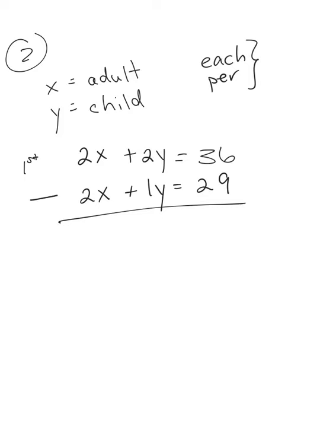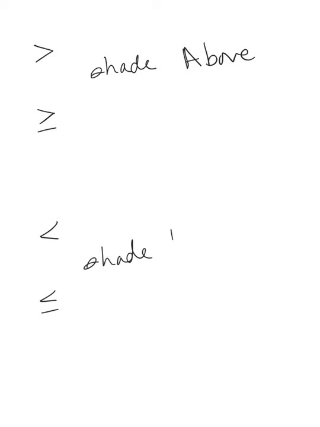So if you have this symbol, greater than or greater than or equal, you're going to shade above. Less than or less than or equal to, you shade below.